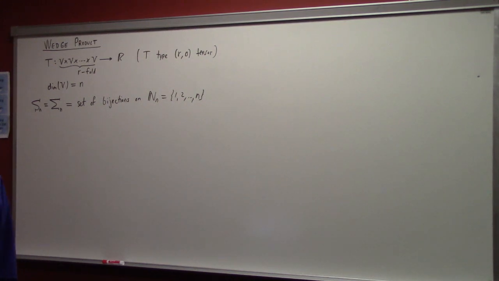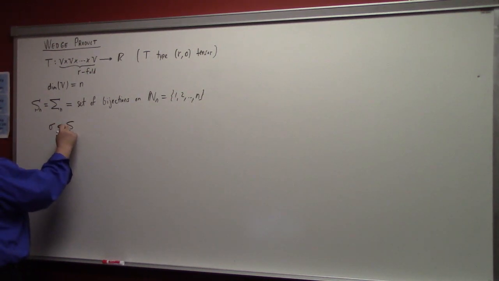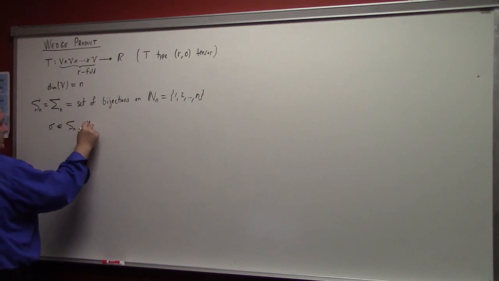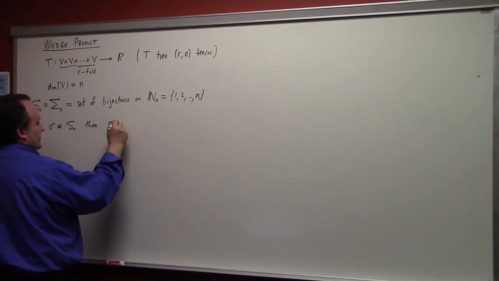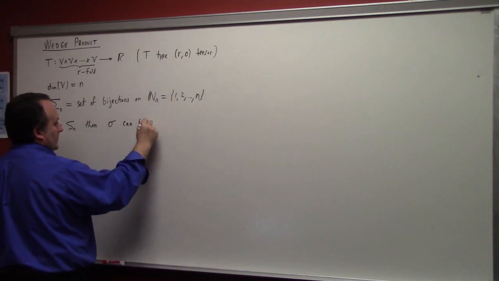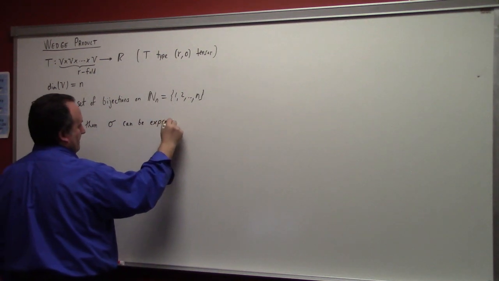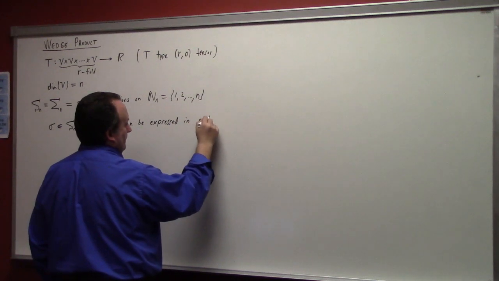And so you may recall that if sigma is an element of the set of permutations, then sigma can be expressed in so-called cycle notation, right?